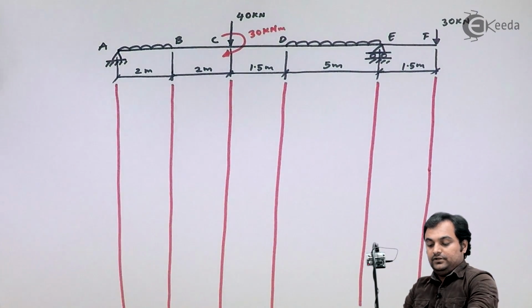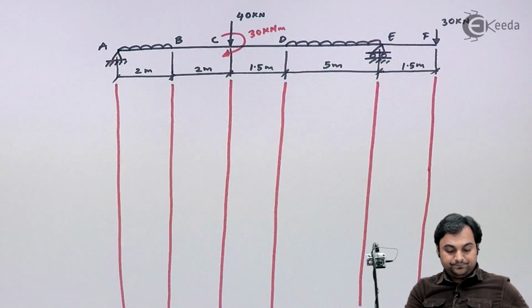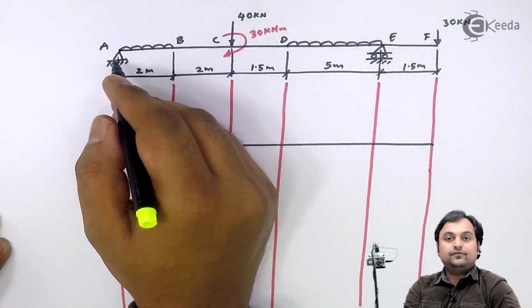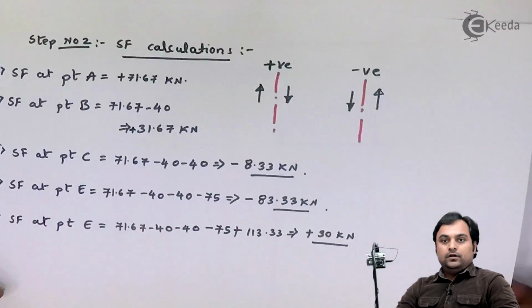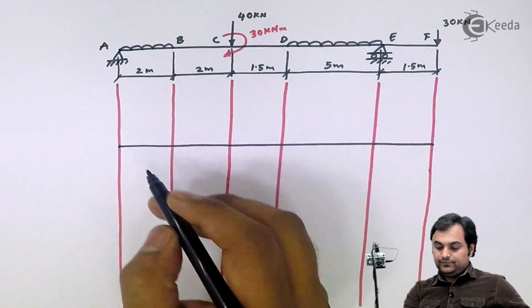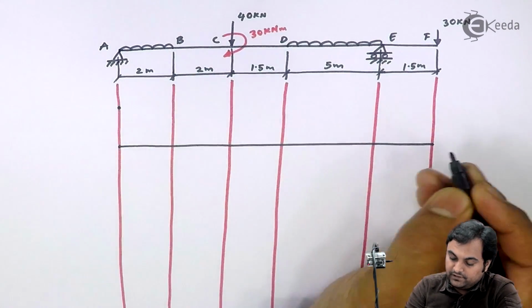Next, the length of shear force diagram will be equal to the length of the beam. Shear force at A, the value which I have, it is 71.67 kilonewton positive sign. So here I have positive sign, means it would be above the line.